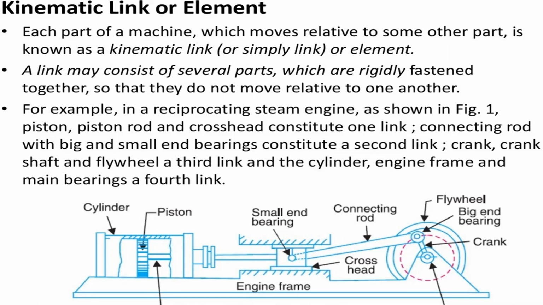The first one is the piston and the piston rod, which is used for reciprocating motion, and the second link is the connecting rod, which you can see in the picture. One side of the connecting rod is attached to the crank, which rotates clockwise or anti-clockwise depending upon the position of the flywheel.